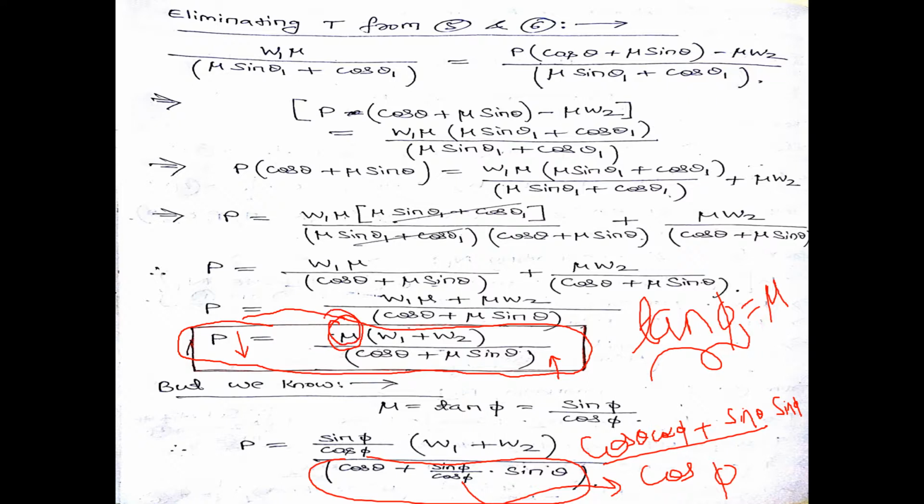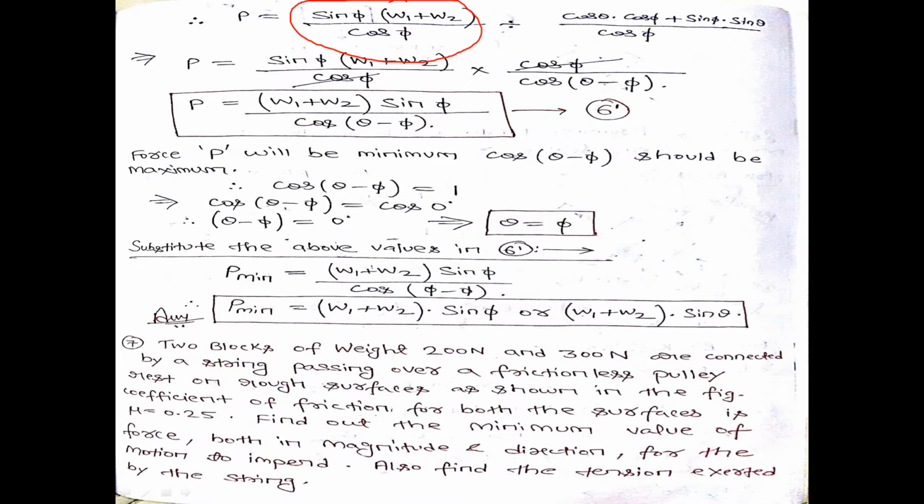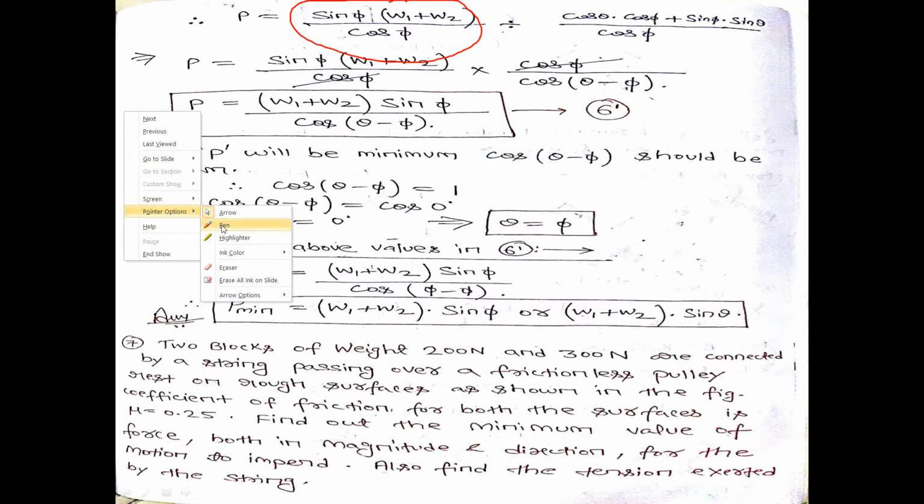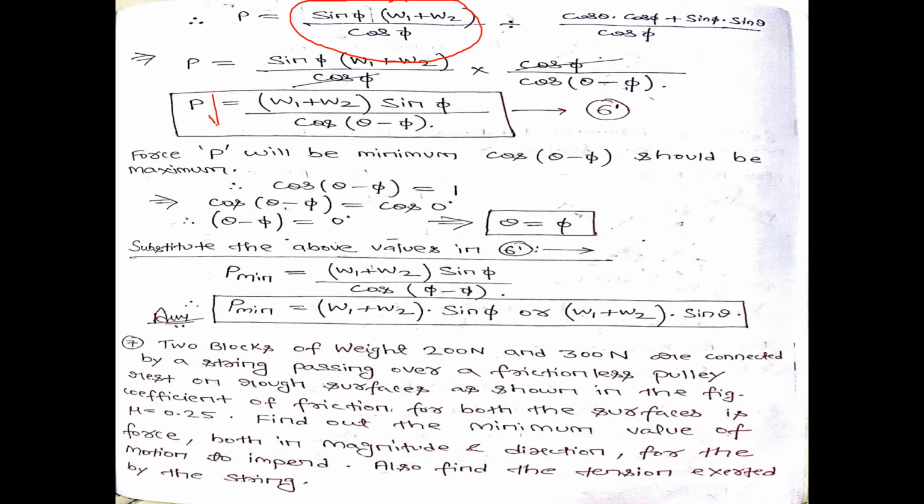In order to replace this mu in terms of theta and phi, we did this procedure. Now, if you want to minimize the value of P, you have to maximize the denominator. And you know how you can maximize the denominator.